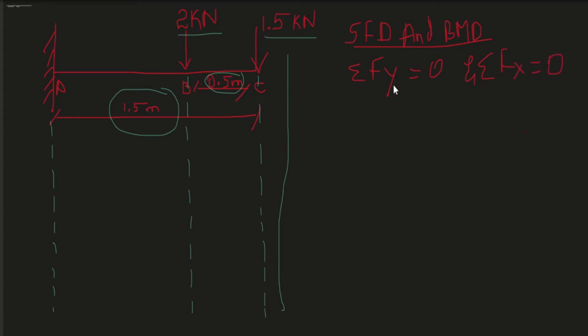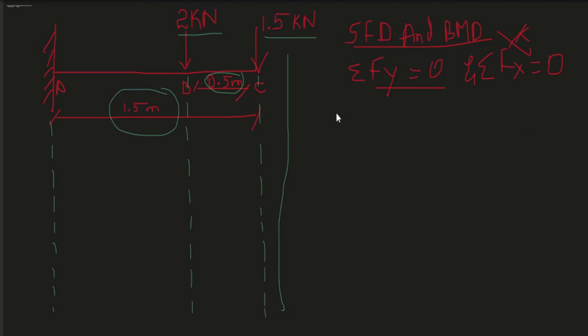Here there is no force acting in the x direction, so we are going to neglect this and only look at the forces acting in the y direction. So to find the reaction at A, we will use the equation: the sum of forces acting along y direction is 0.